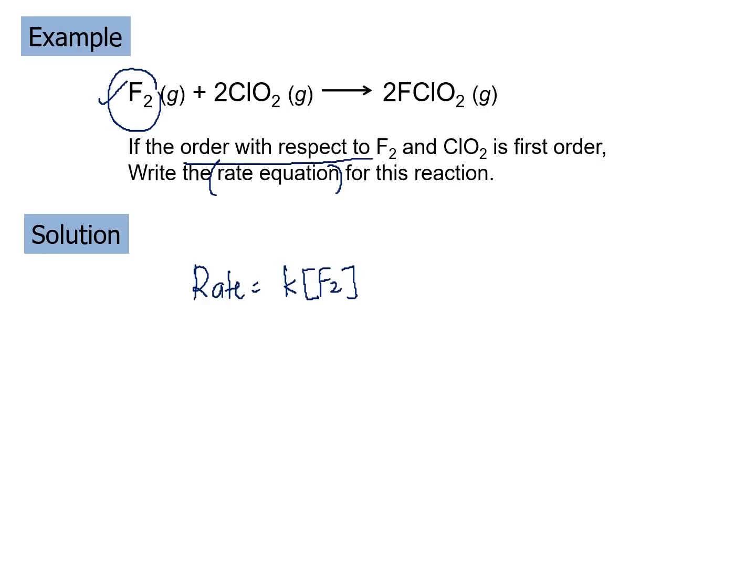Order with respect to F2 is first order, so power of 1. Times the concentration of reactant. The second reactant here is ClO2. Power of its reaction order. With respect to ClO2 is first order, that's why power of 1. So this is your rate law.